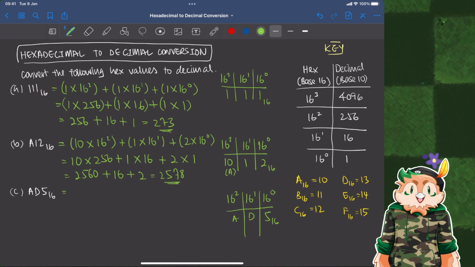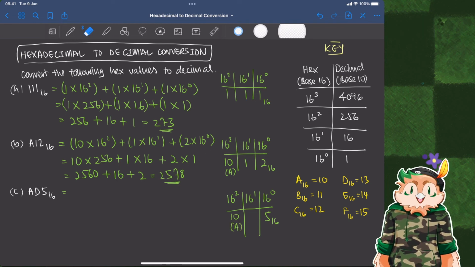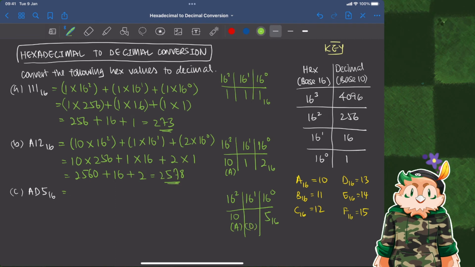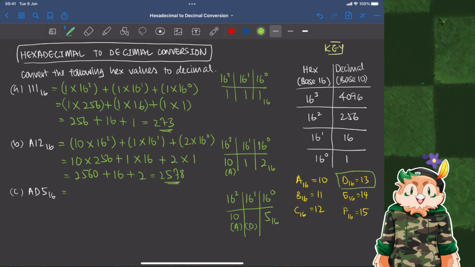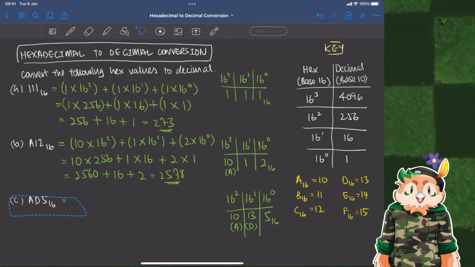So A is essentially 10. And D is essentially 13. So this is enough information for us to get started with our first line of working. Let me just bring this down a little bit to make this a little neater.